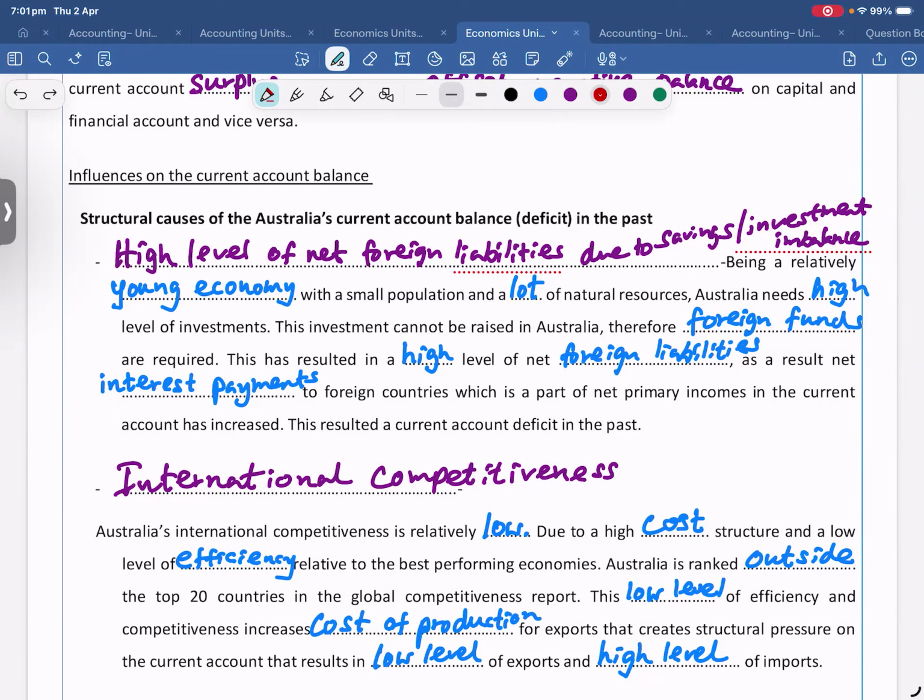Very good, net primary income, wonderful. What is the short method that I told you to remember it? I told you the factor incomes are recorded in the net primary income. What are the factor incomes?